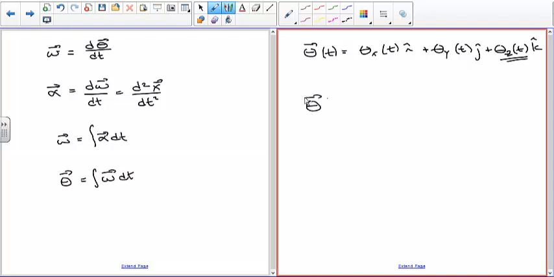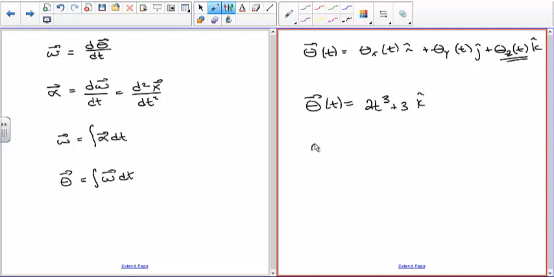So let's say theta is a function of time. We're just going to do this from a one-dimensional perspective. So you might have 2t cubed plus 3, and we could say it's k if we wanted to.